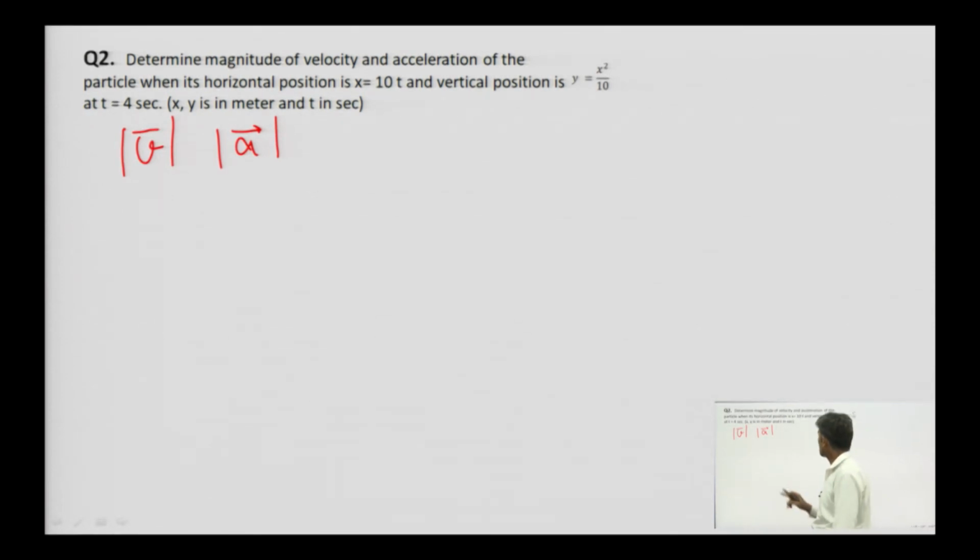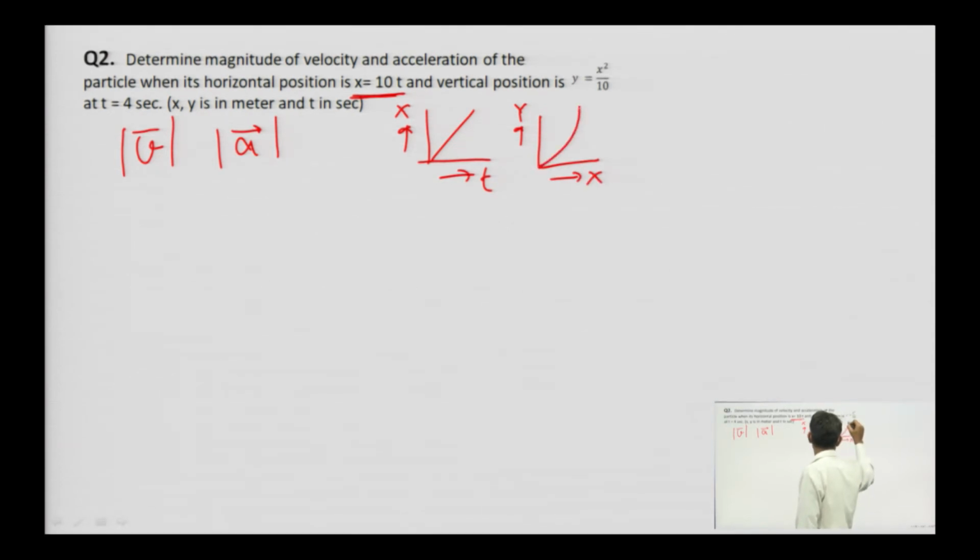The horizontal position x as a function of time t is given as 10t, and the vertical position y is given in terms of x: it is x square by 10, at t is equal to 4 second. y is in meter, t in second.